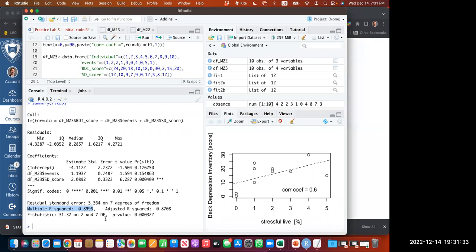Then adjusted R squared is additionally adjusted for the number of variables included. It's not perfect, but it's an attempt to penalize the model for the number of variables included in your prediction. Because arithmetically, when you think about it, the more variables you include in your model, the more variability your model will explain. But that needs to come at a price, because the sky is the limit, right?